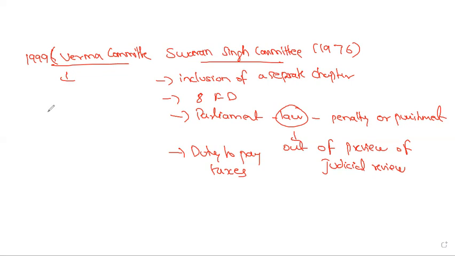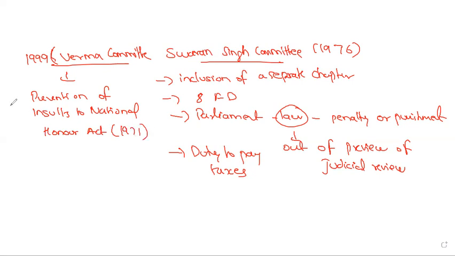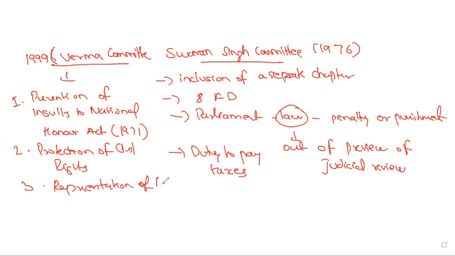So which are those? The first one was the Prevention of Insults to National Honour Act, 1971. Second, the Protection of Civil Rights Act. Third, the Representation of the People Act, 1951.